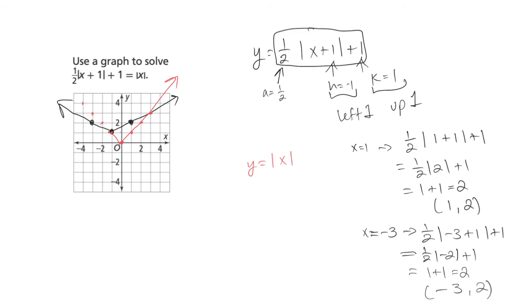It crosses up, and you can see there are 2 intersections. So let's mark them. This one is at (3, 3), and this one is at (-1, 1). So our x values are -1 and x equals 3.